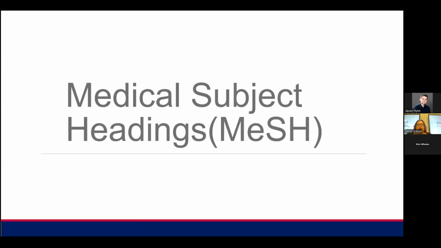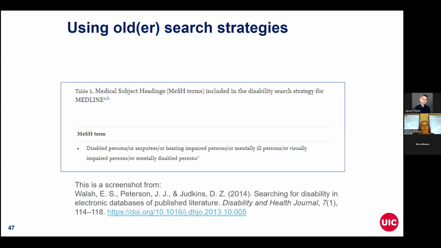Speaking of MeSH terms, what happens when you use them but something doesn't work? This could happen, for example, if you are looking at an older systematic review. This is a screenshot from a systematic review from 2014. For one thing, the MeSH term syntax has changed in PubMed, so a search wouldn't look like that like it used to.